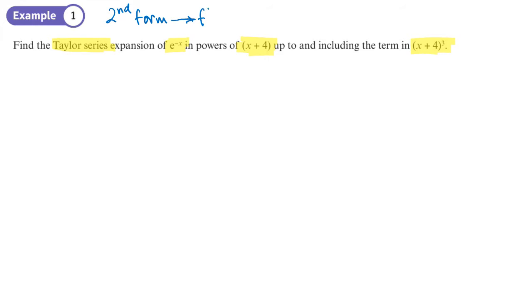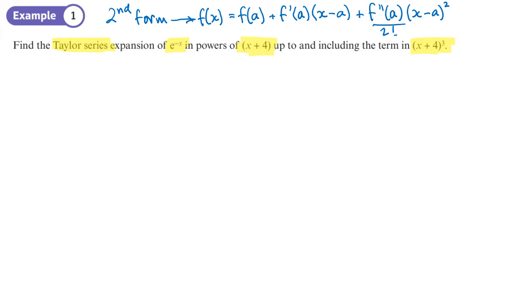So our function can be written as an expansion, which is f of a plus f dash of a times x minus a. I'll just write out the next one, because once you've got the next one, you know the pattern. The second derivative at a, and then x minus a squared over 2 factorial, and so on.